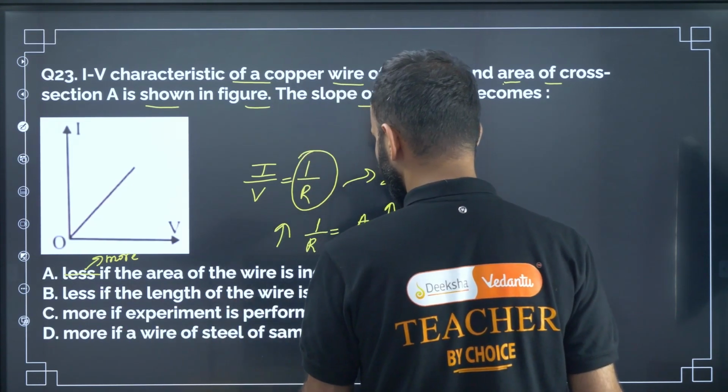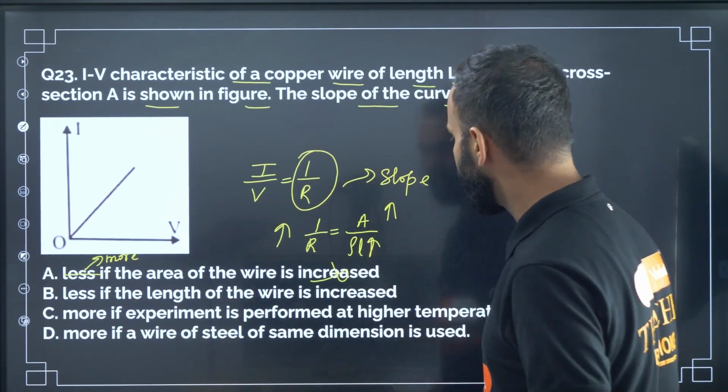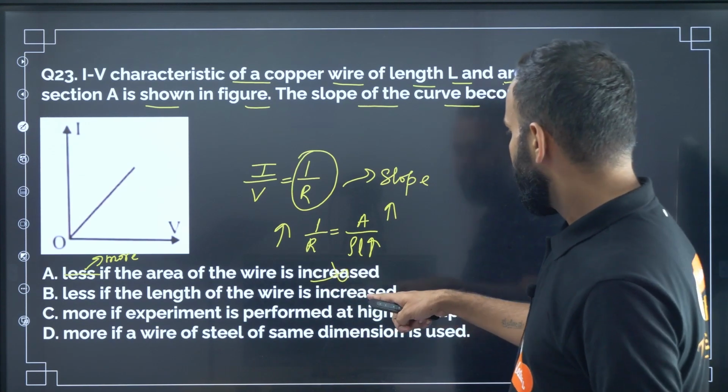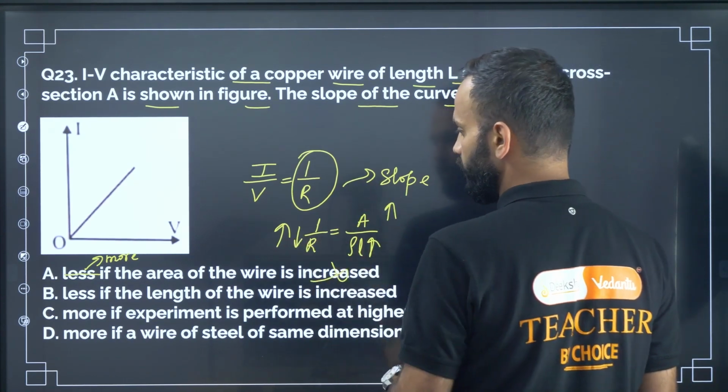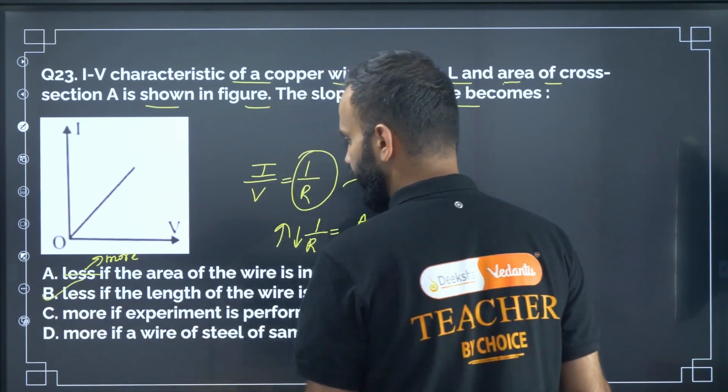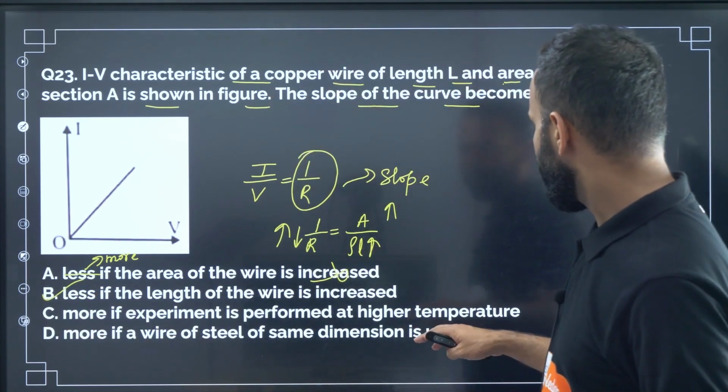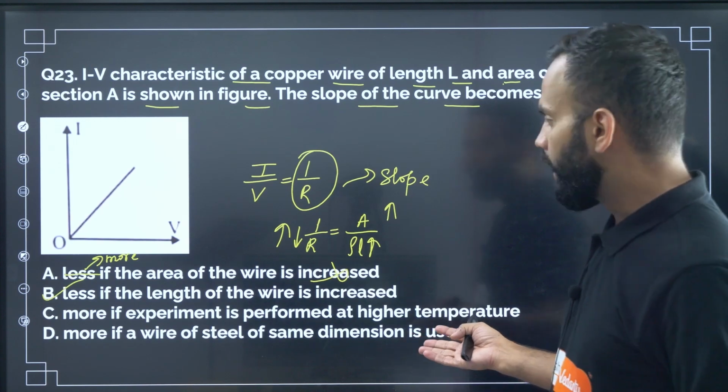Option B, less if the length of the wire is increased. Correct. If the length of the wire increases, the slope becomes lesser. So option B is correct. Option C, more if the experiment is performed at a higher temperature. Wrong, right?